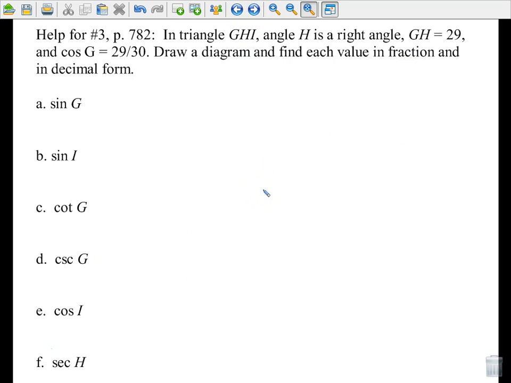Okay, this problem's similar. It's just that we're going to have to draw our own triangle. So let's draw this right triangle. And we're told that H is the right angle, so we can call this G and this I. Let's see what else we're told. The leg known as GH is measured at 29.